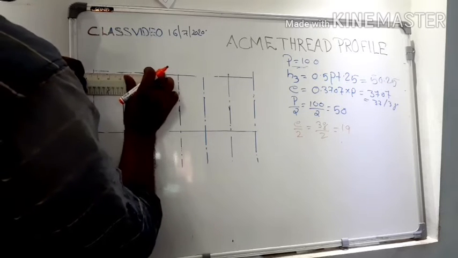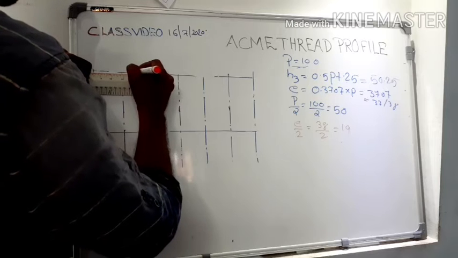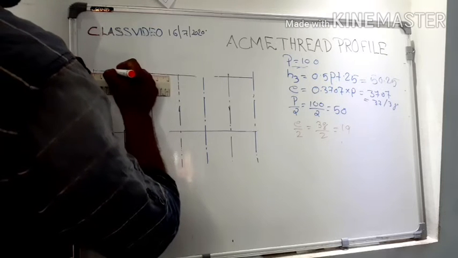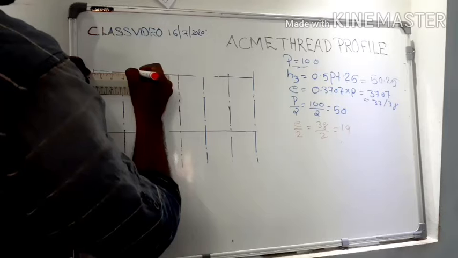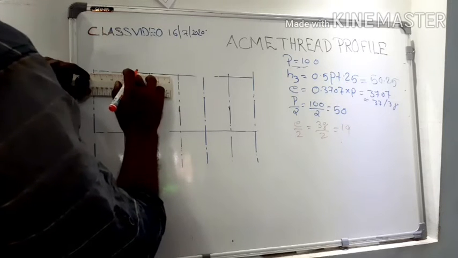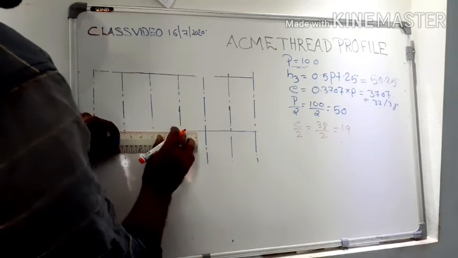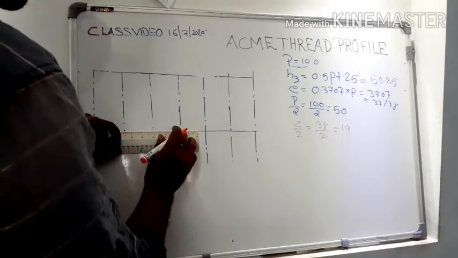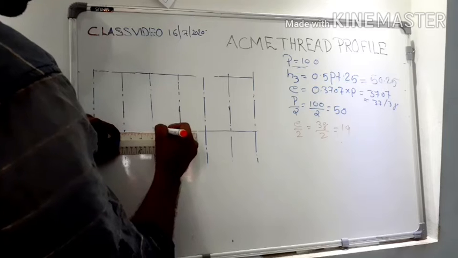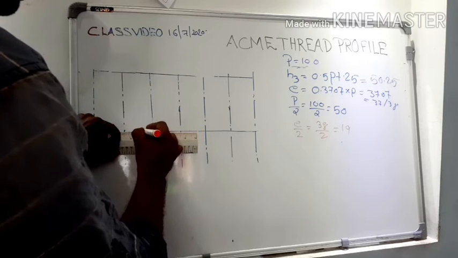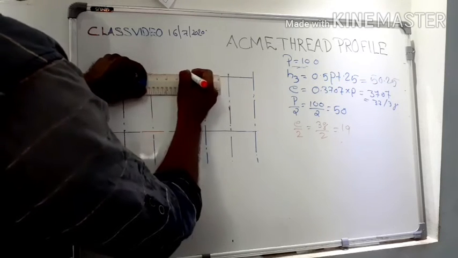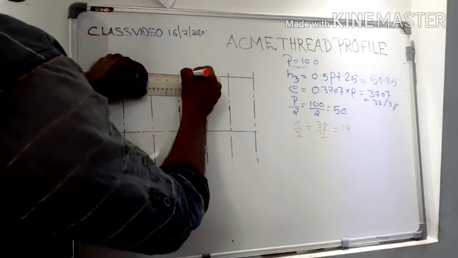Now we have to offset that distance here. This is the offset distance, total 39. Now we have to alternately draw it here. Similarly, at here.